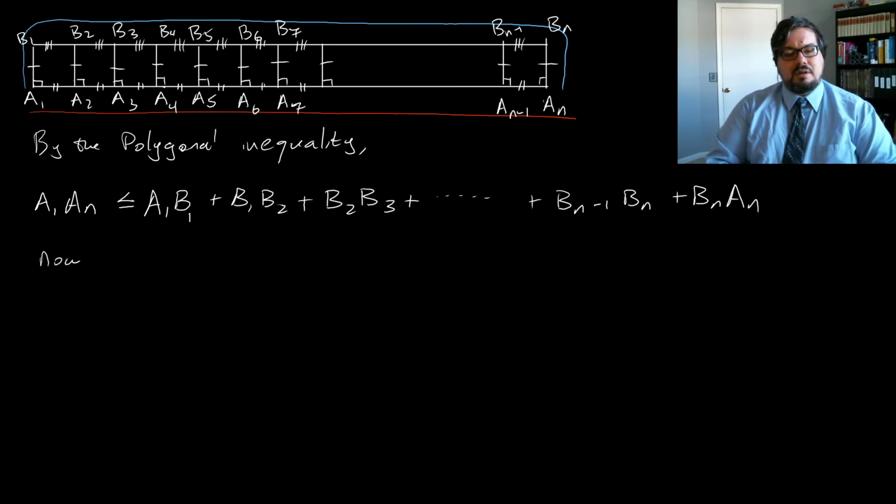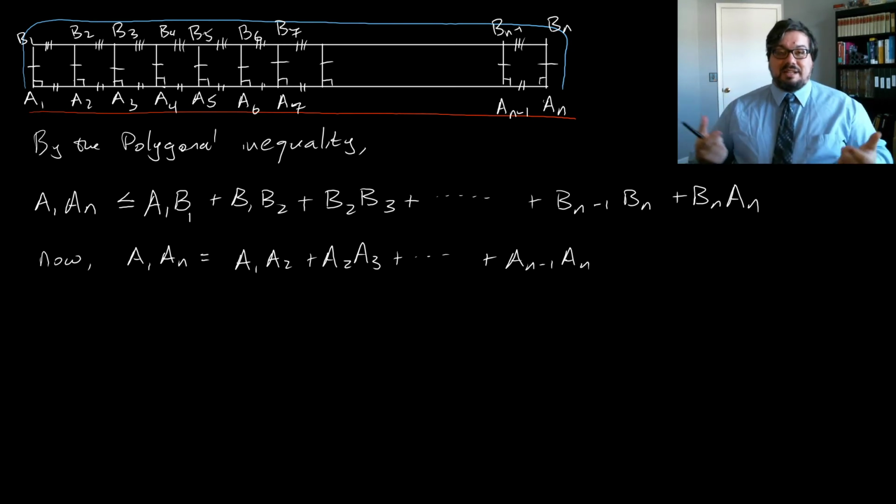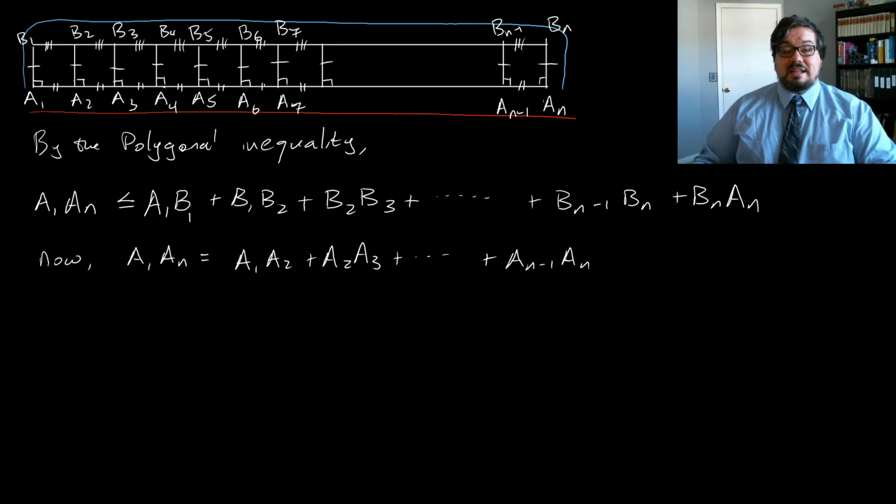So now we have that A1An is actually equal to A1A2 plus A2A3 etc., plus An minus 1 An, and that's because we have all the betweenness relationships that we set up before.